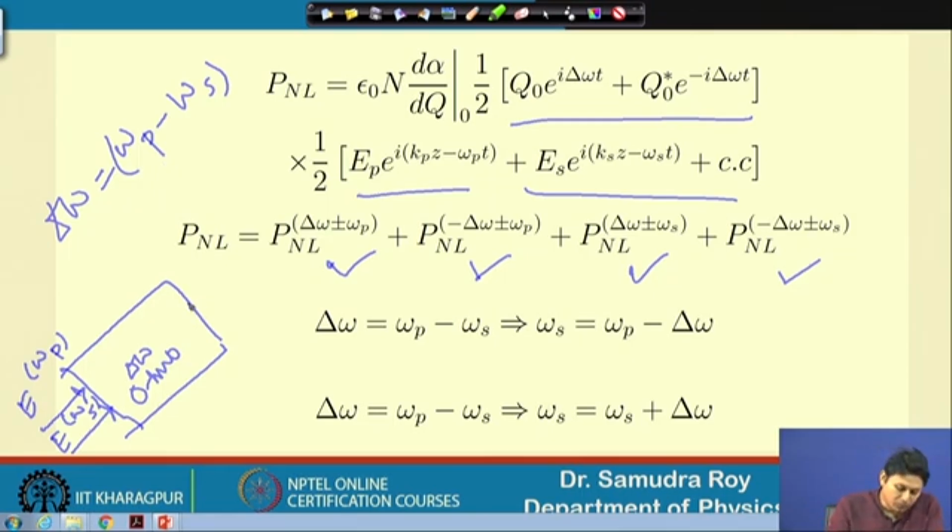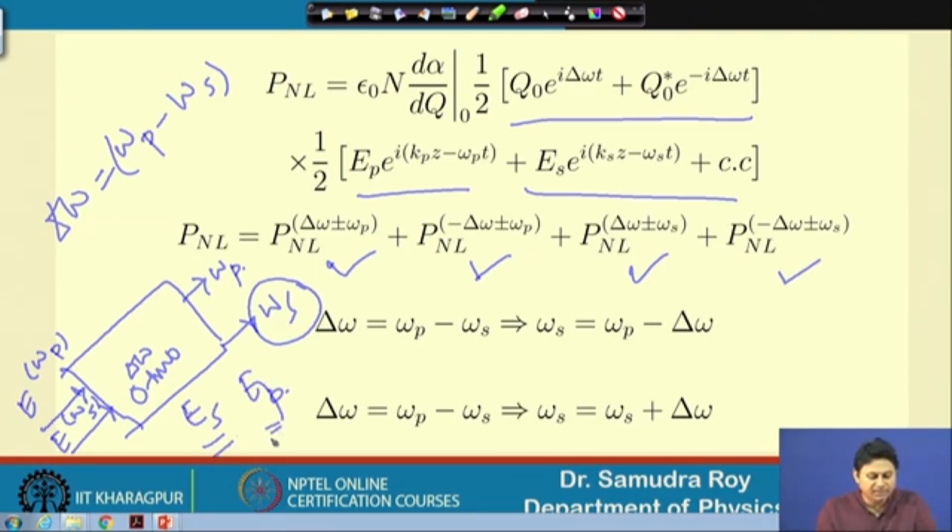Now, this wave will come out, and when it comes out, omega s, which we call the Stokes wave, is amplified. So, the evolution of Es and the evolution of Ep we need to find out.